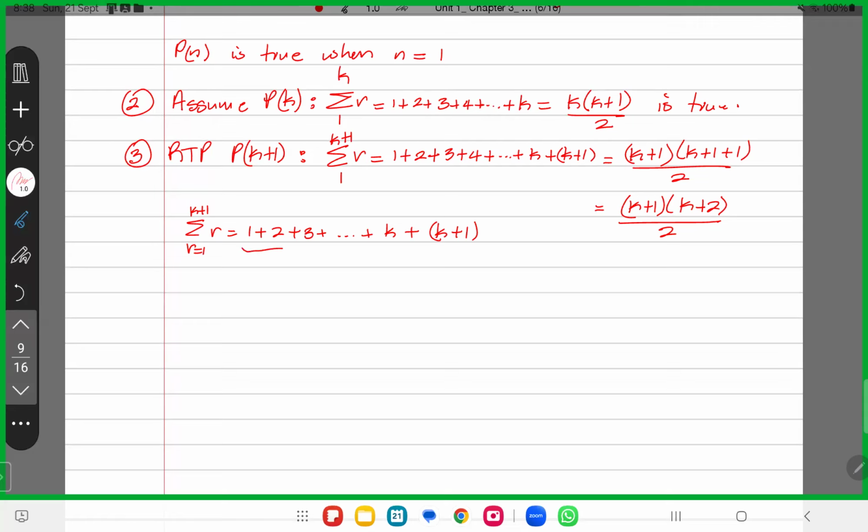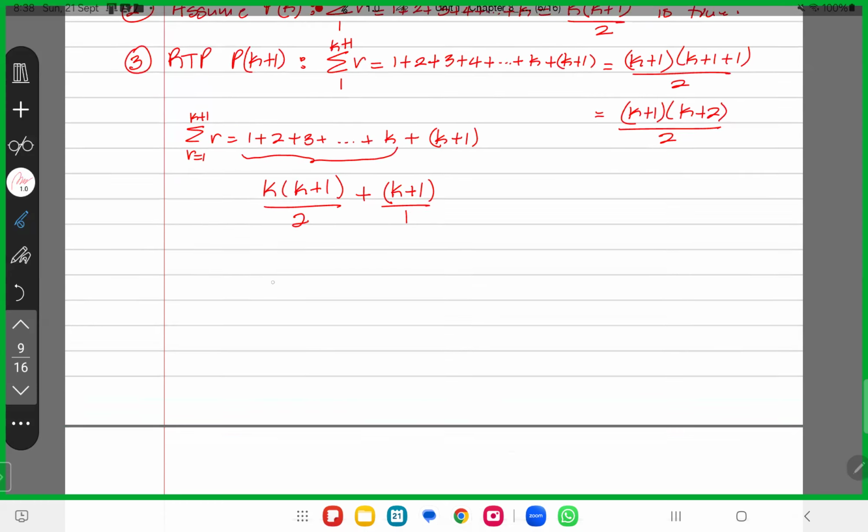But the sum of the first k counted numbers, according to step 2, is equal to k into k plus 1 over 2. So this is k into k plus 1 over 2 plus the last counted number, which is k plus 1. And let's put this over 1. We're going to make this into one fraction.